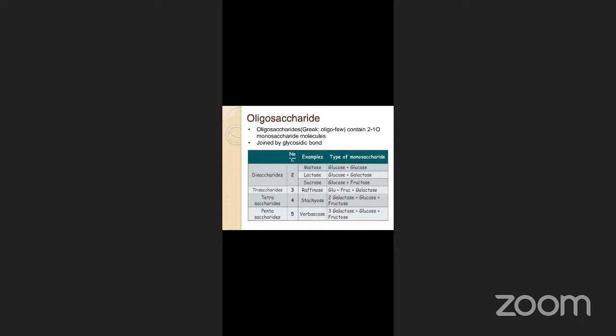Stachyose is 2 galactose, 1 glucose, and 1 fructose, 4 monosaccharides. Verbascose is made up of 3 galactose, 1 glucose, and 1 fructose, so 5 carbohydrate molecules. Like this, you will have different oligosaccharides linked by glycosidic bonds.